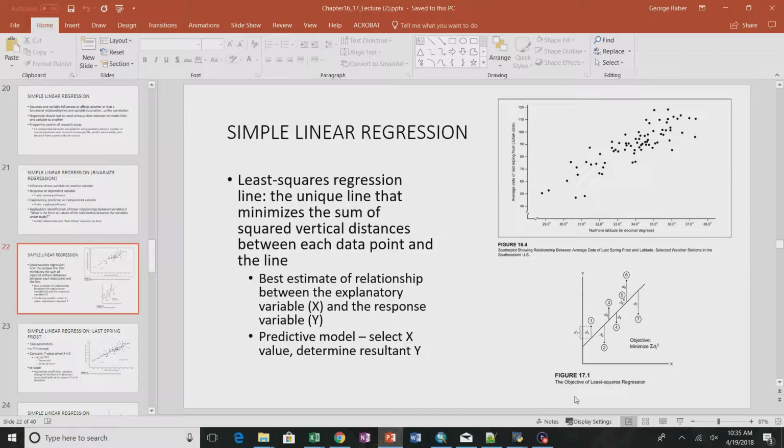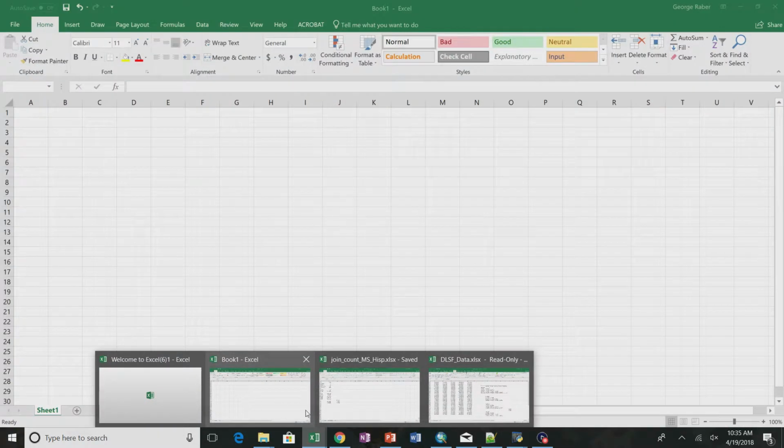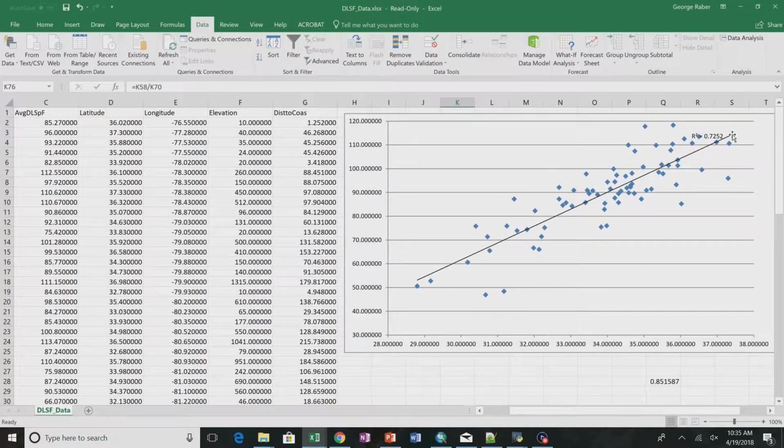So here, if we go back to Excel for a second. Go back up to the chart. So that's the line that was created. So these are the differences. In other words, the model that was created predicts that at 29.2 degrees latitude, it predicts this value right here, but the actual value that was measured is right there.